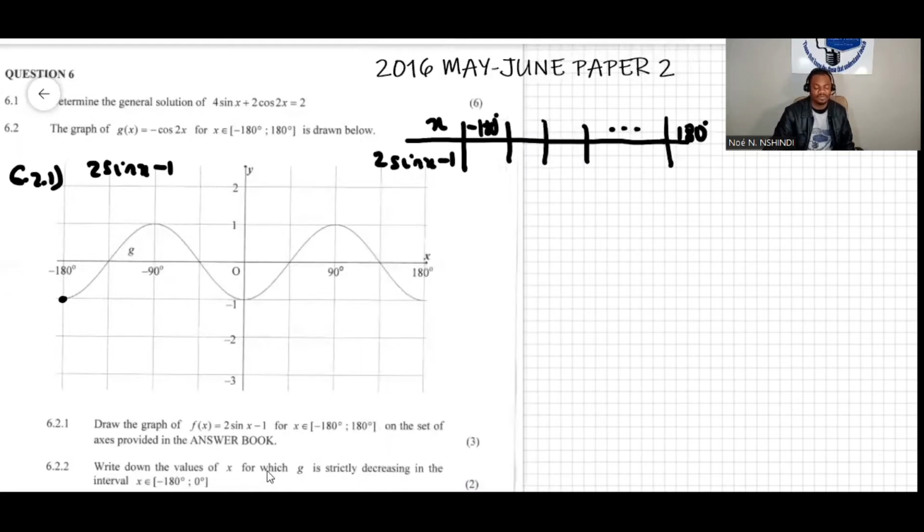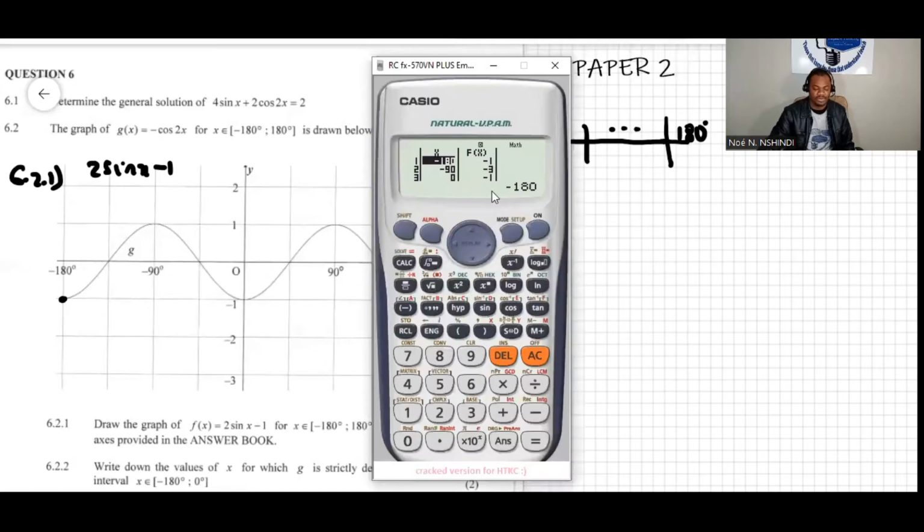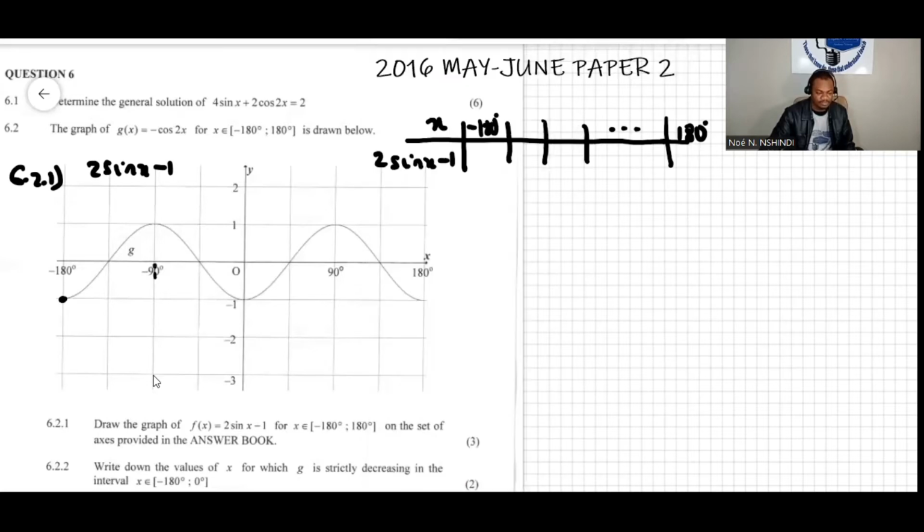When x is -90, f of x is -3. So when x is -90, the point is -3.